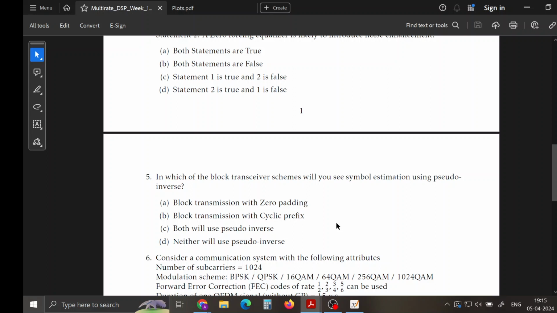M and N are different, so we go for a pseudo inverse, which is not exactly an inverse. We had that expression, right? The C low matrix, remember? You take C low Hermitian times C low, whole inverse, times C low Hermitian into R of n. That is the expression for your estimate of the transmitted vector.